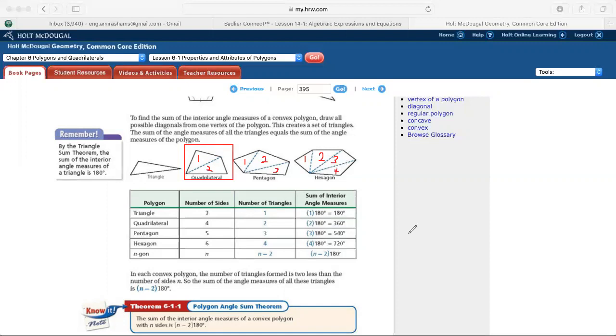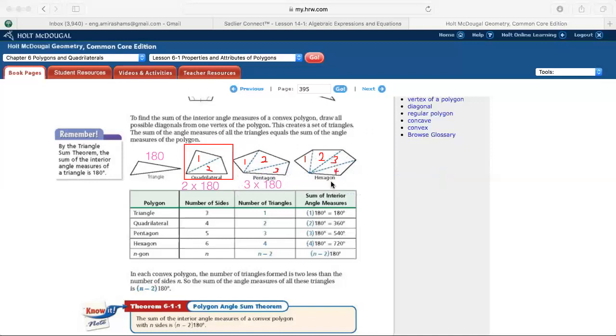But why am I doing this? To know the measure of the total angles inside each polygon. For example, here I have 180. Here I have two triangles, so 2 multiplied by 180. Here I have three triangles, so 3 multiplied by 180.